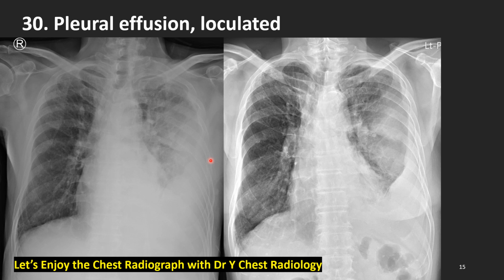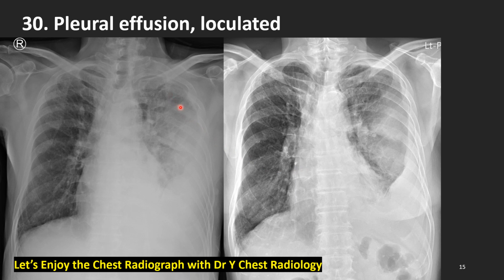I have told you that the pleural effusion is usually affected by the gravity direction, but this is an exception because this is loculated pleural effusion. Loculated pleural effusion is not affected by gravity direction.